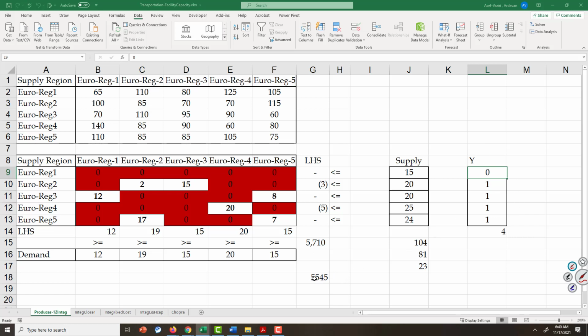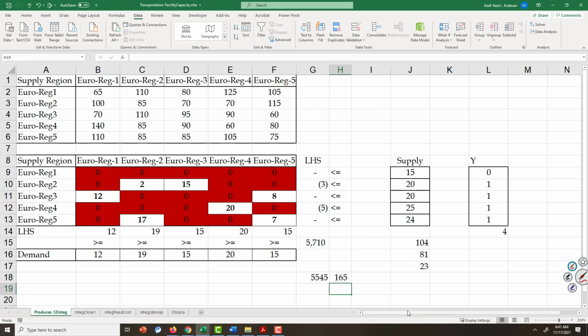Total cost increases by 165 units, but that is increasing transportation cost. However, we may have saved the operational cost of that company.